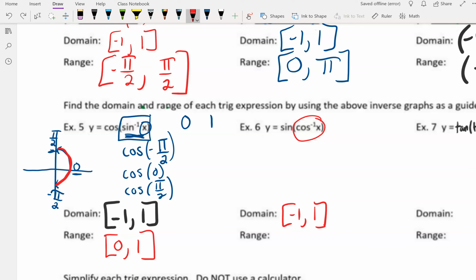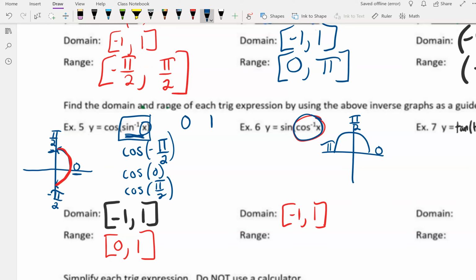All right, and now let's find the range. So our answer that we can get out for inverse cosine will be anywhere from 0 to pi. I'm also going to include pi over 2 in here because I want to plug in basically a good range of possible values.